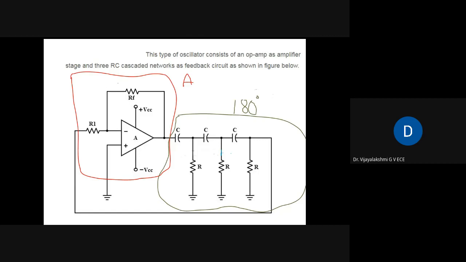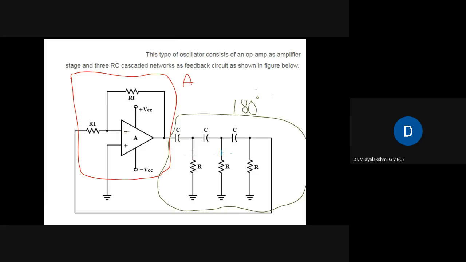How? If you observe this amplifier, you already know about the op-amp circuits, right? So if you keenly observe this amplifier, which is using op-amp, you can see that the non-inverting terminal is grounded. That means we are providing the feedback signal as input to which terminal? Inverting terminal.